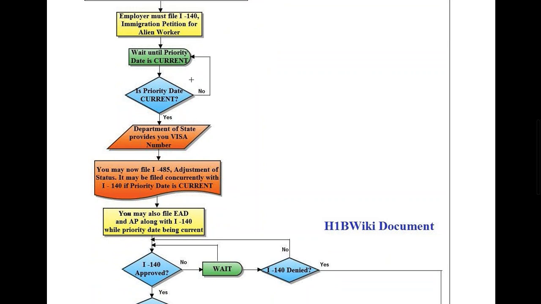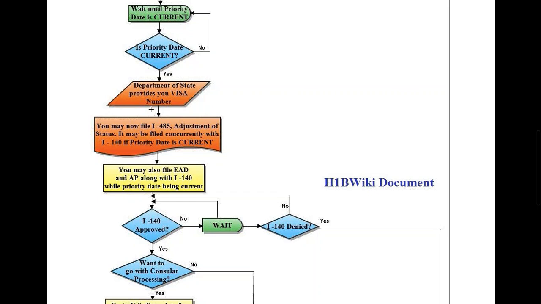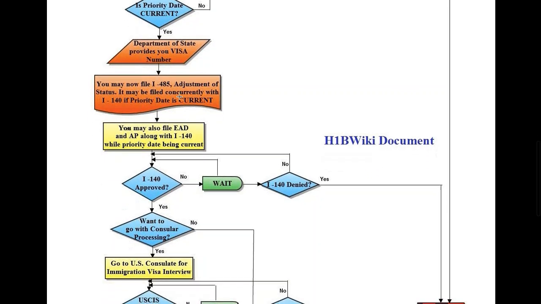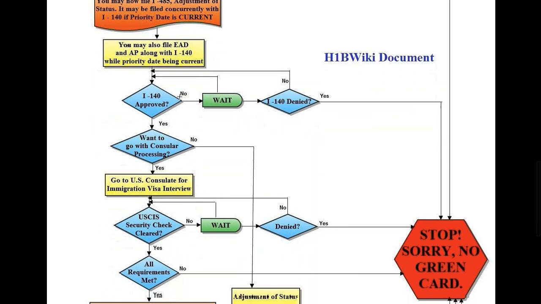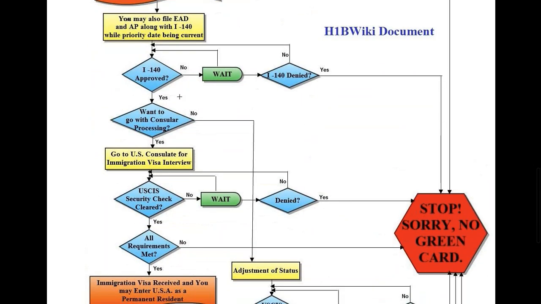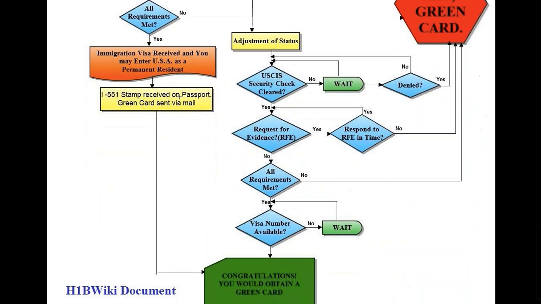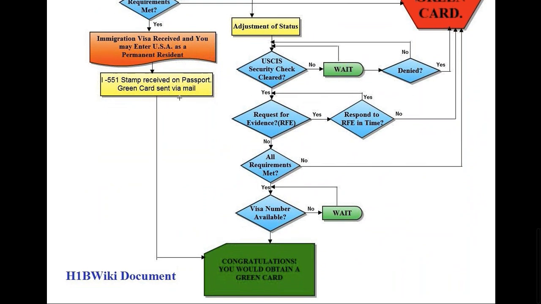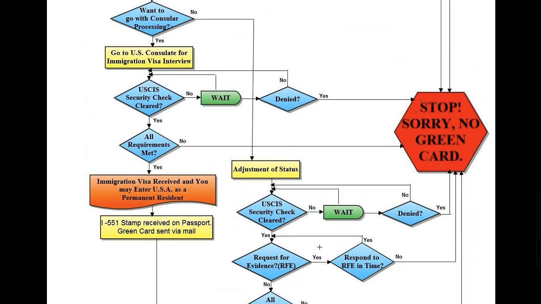Is today's date the present date? No, it is going back. Wait until the priority date is current. Because it's a repetition. And then again, output: Department of State provides you a visa number. So it goes this way, repetitions, decisions, so many, and at last, congratulations.